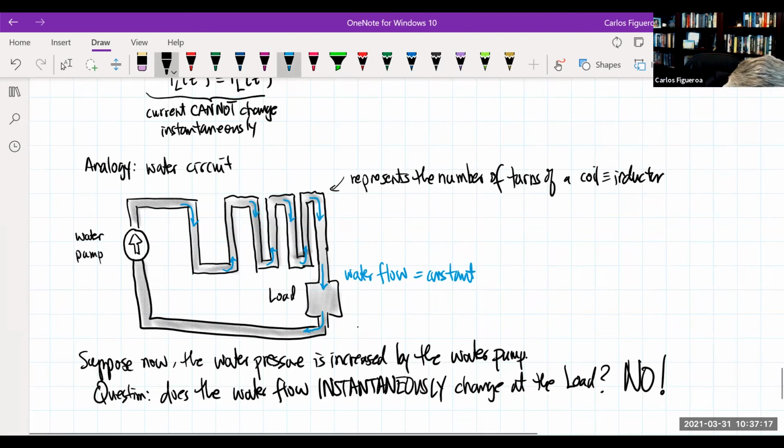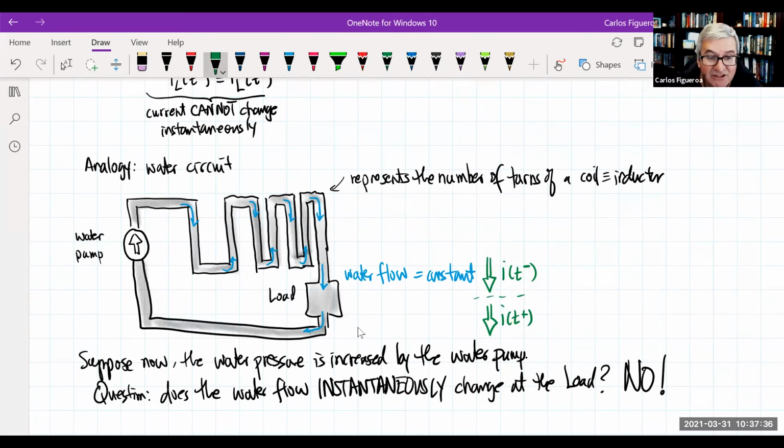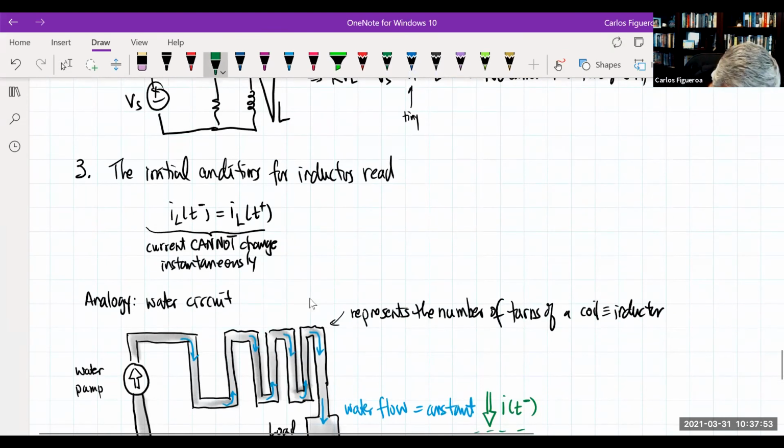So the current flow at T minus will not change at T plus, because it takes time for that pressure change to propagate, since there are so many windings in this water inductor, if you want to call it that. Because of this process, the current of the inductor will never be able to change quickly.